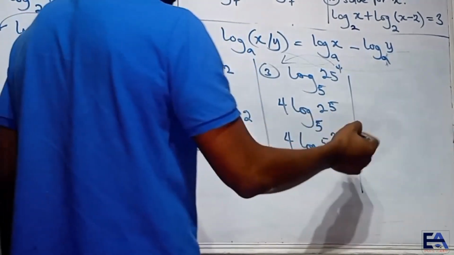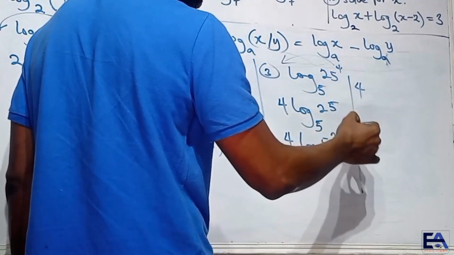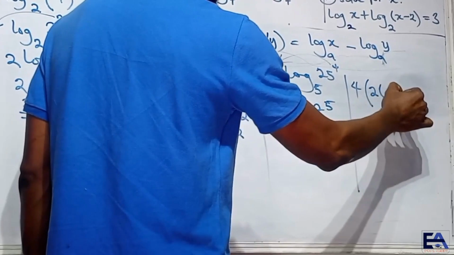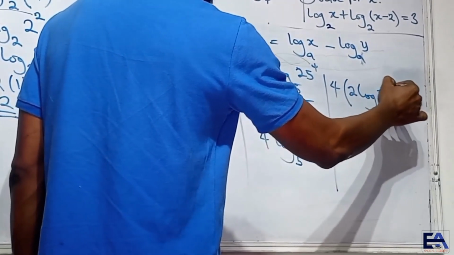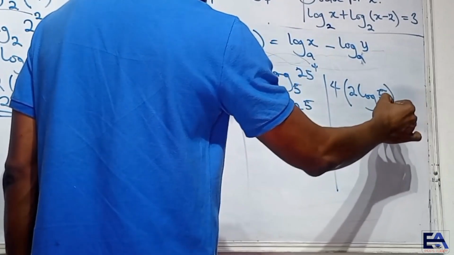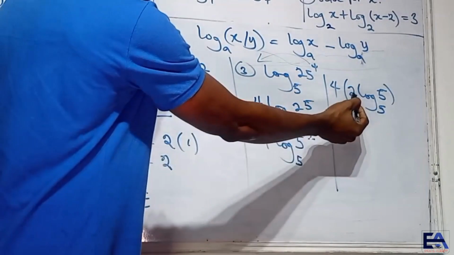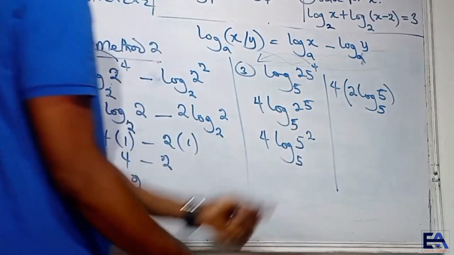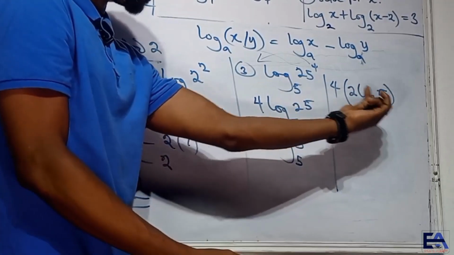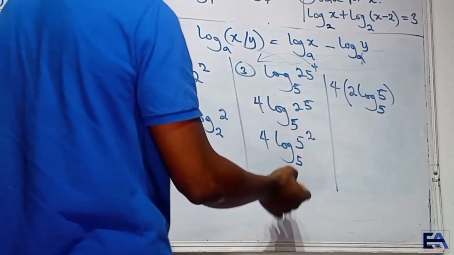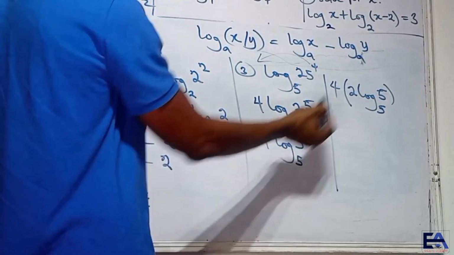So we send this guy to the other side too. We know we had a 4 there before. Then we now have 2 log 5, then to base 5. This 2 here is as a result of the power law, which makes 2 come here to multiply log 5. Now this 4 is the 4 that was here before.